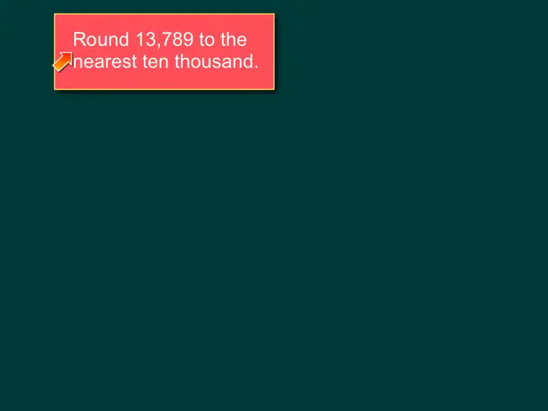Okay, we have the same number again, round 13,789, but this time it's to the nearest 10,000. So the first thing we want to do is find the 10,000s place, and that's this place right here. So let's write our number, 13,789.